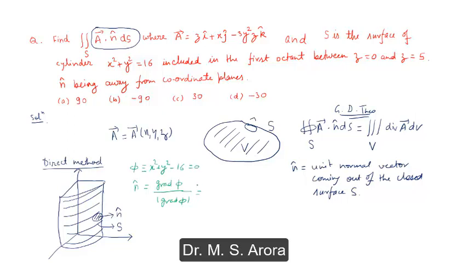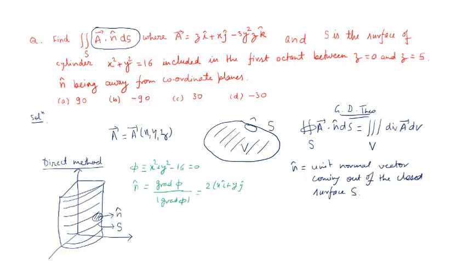So what will be gradient phi? Gradient phi will be 2 times xi cap plus yj cap, and mod of gradient phi will be 2 times square root of x square plus y square.